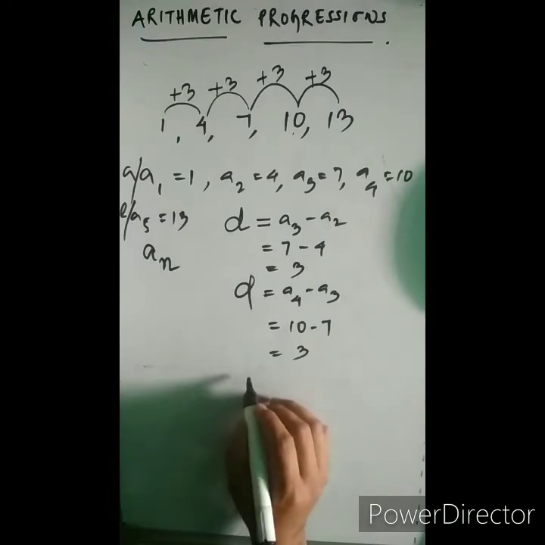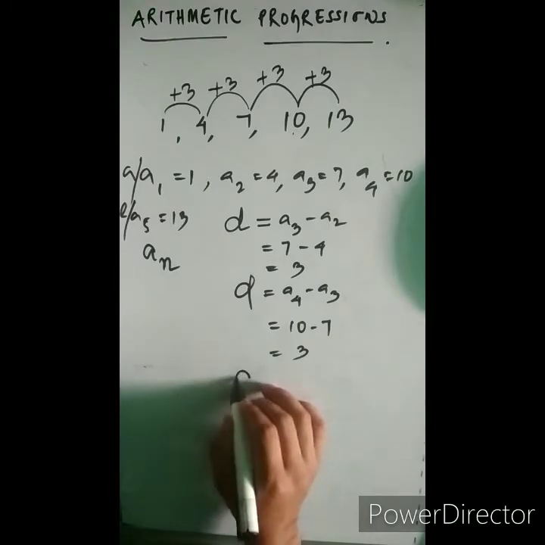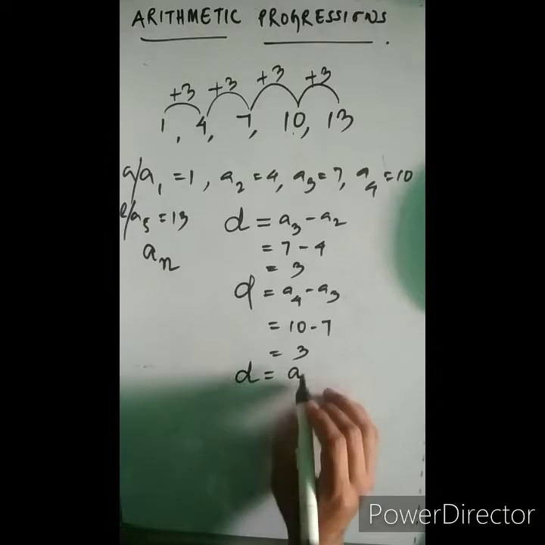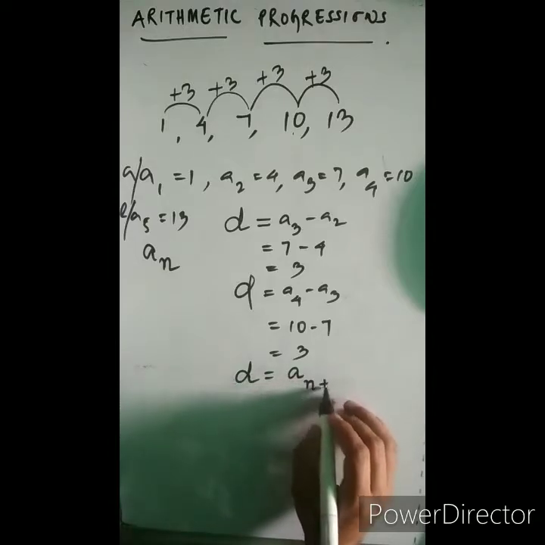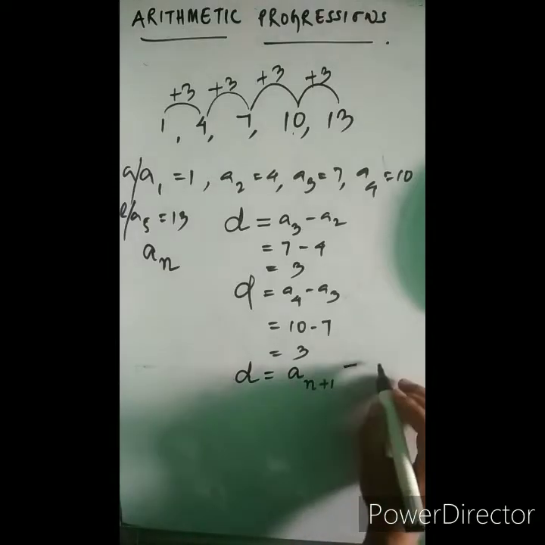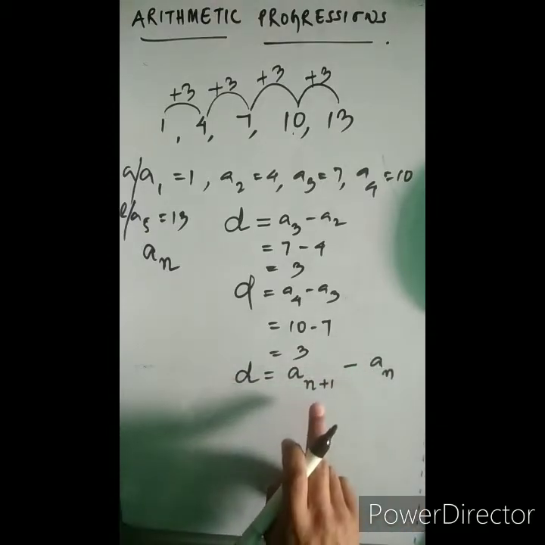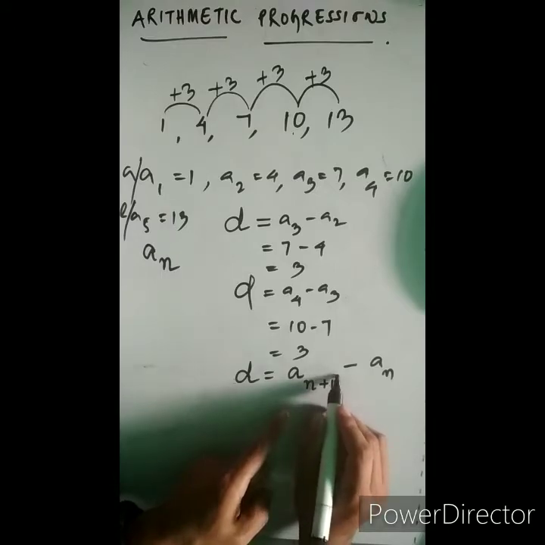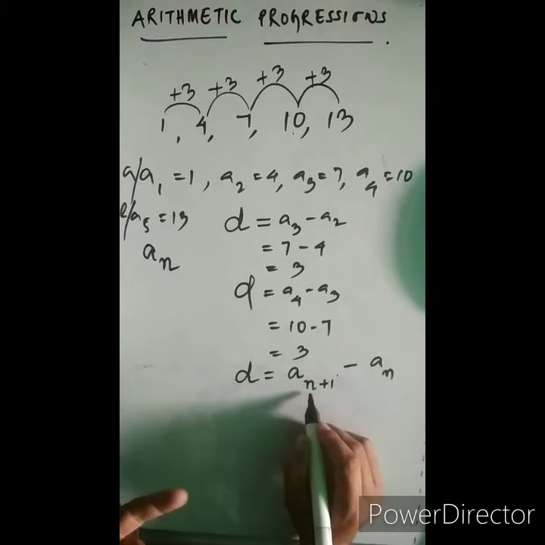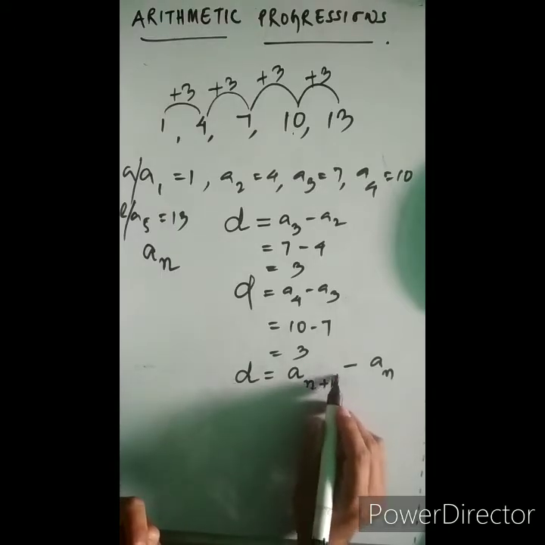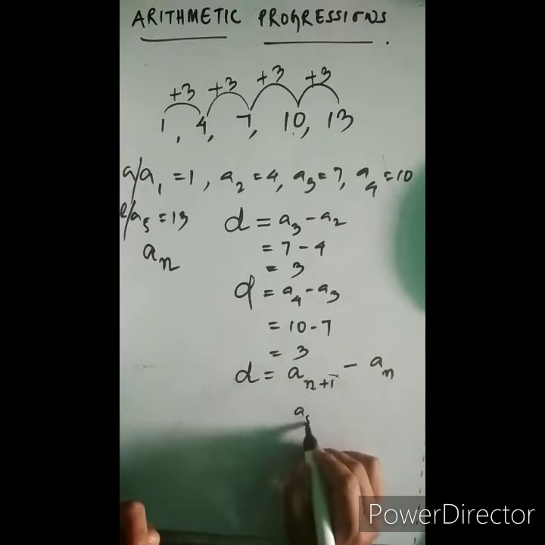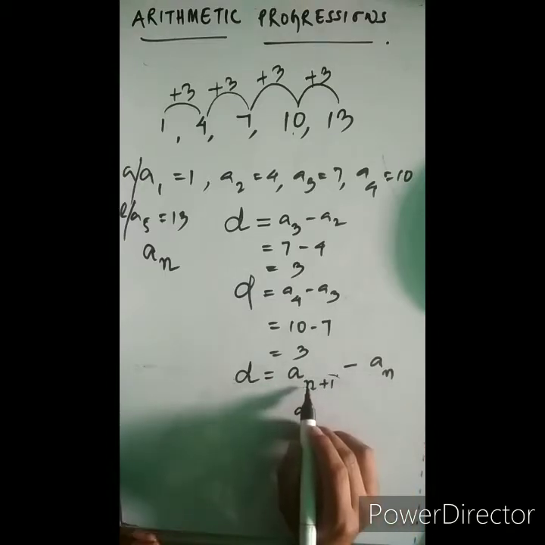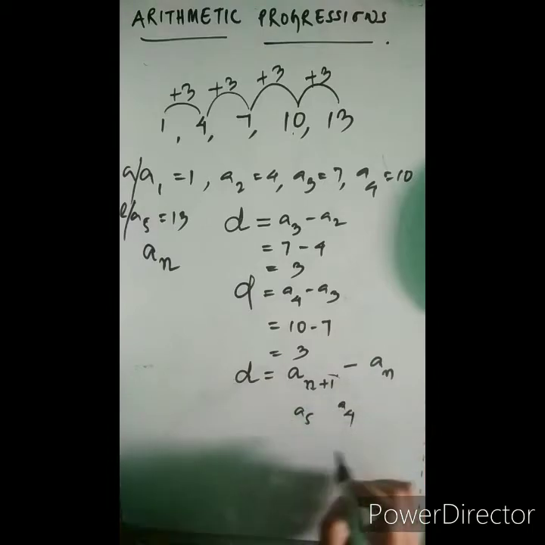So that means d will be given by an plus 1 minus an. Let us see here. If n is 4, then this part becomes 5, and n is 4, so here will be a4.